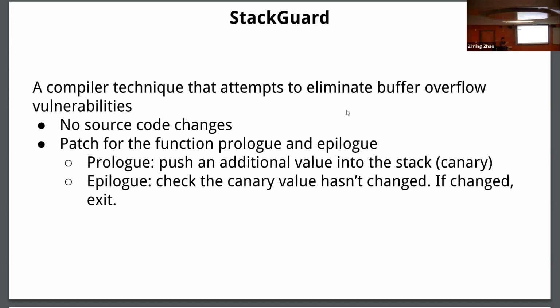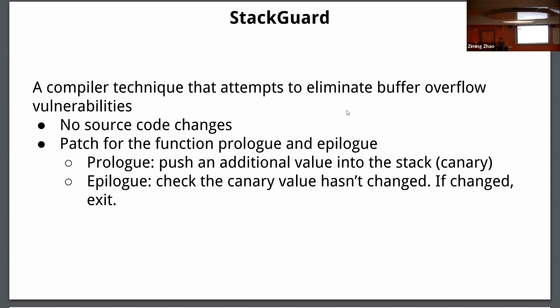We have seen a compiler-based approach already. The shadow stack approach, which was last class, was also a compiler-based approach. It was also transparent to programmers, right? We add several instructions at the beginning and ending of a function, and that is automatically done by the compiler.